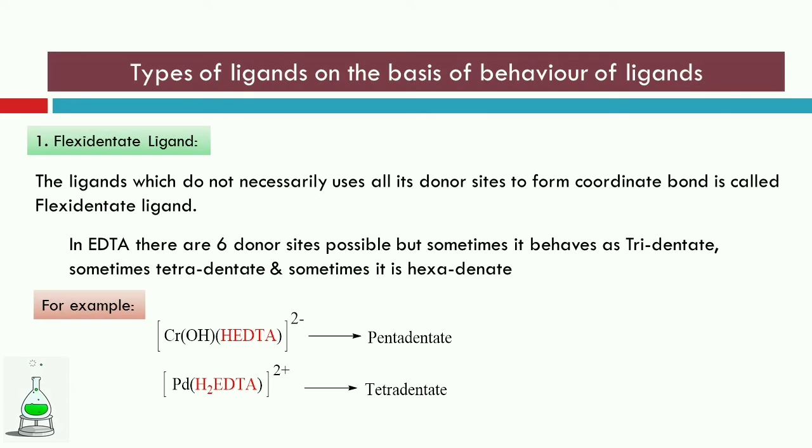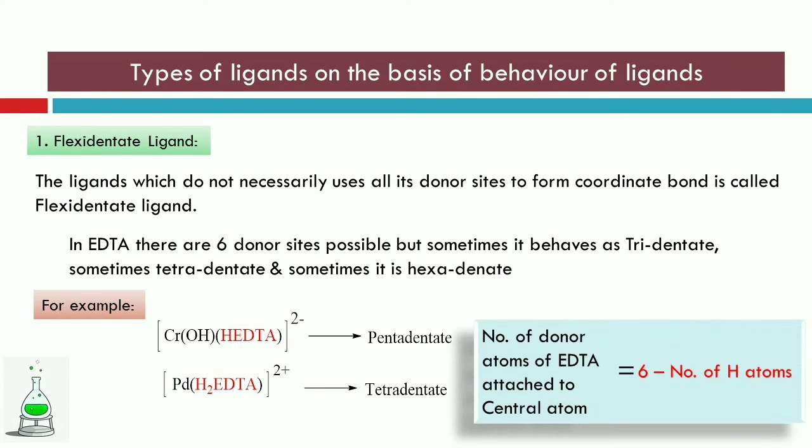Now, the question is how to know the denticity of EDTA in a complex, that is, how many coordinate bonds are formed by the EDTA ligand. It's simple. We just have to subtract the number of hydrogen atoms from the denticity of EDTA.